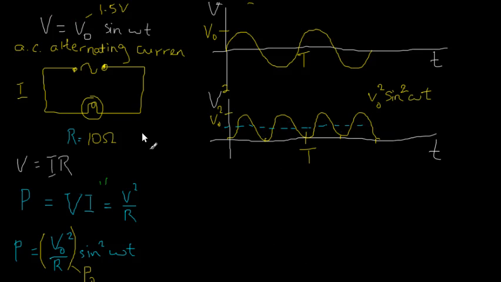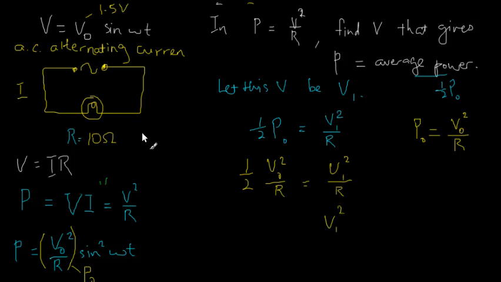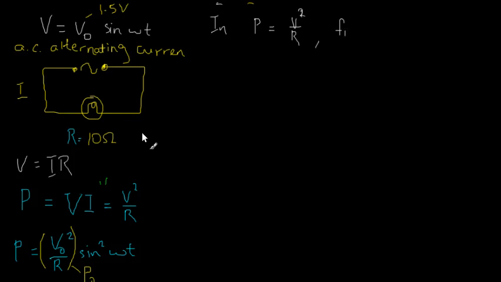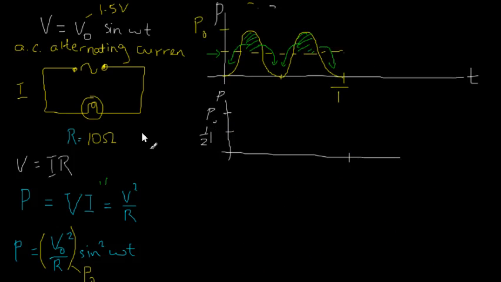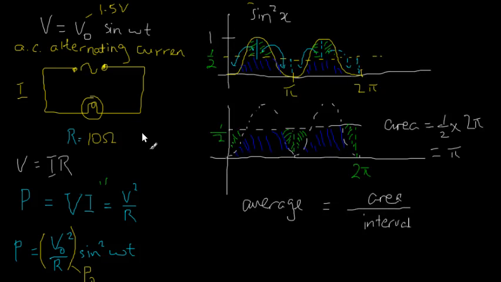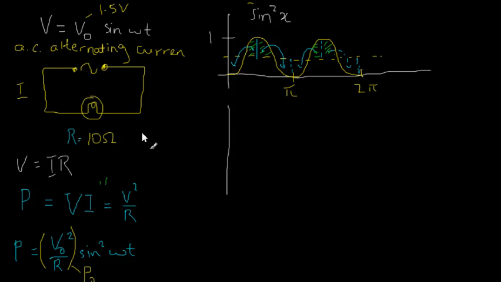So let me start by using the example of, say, a mains power supply that is 240 volts. It's the average power.